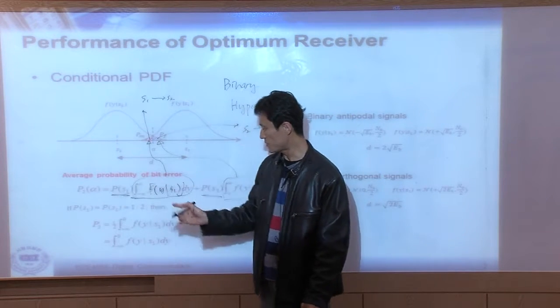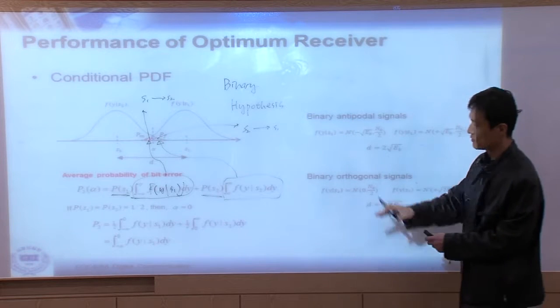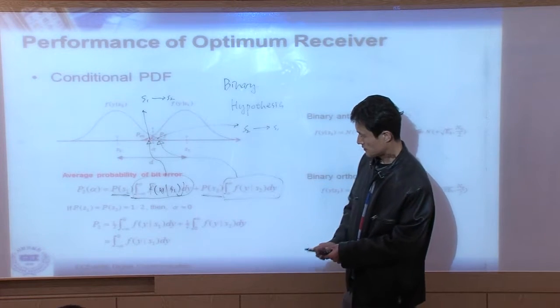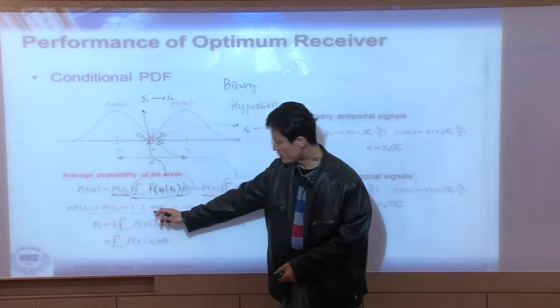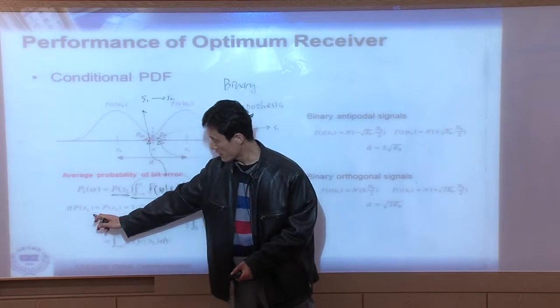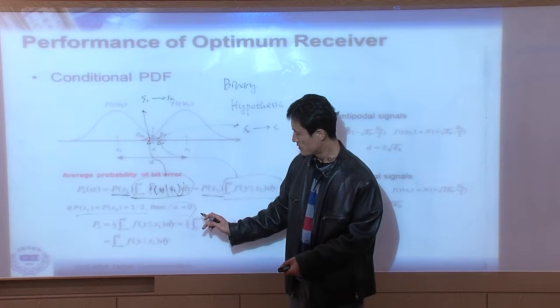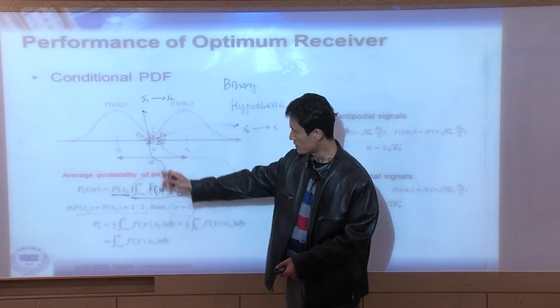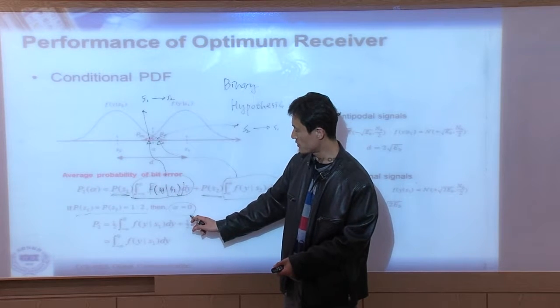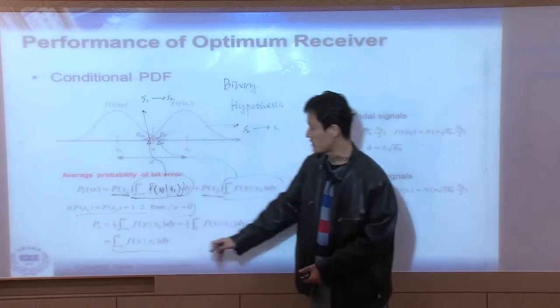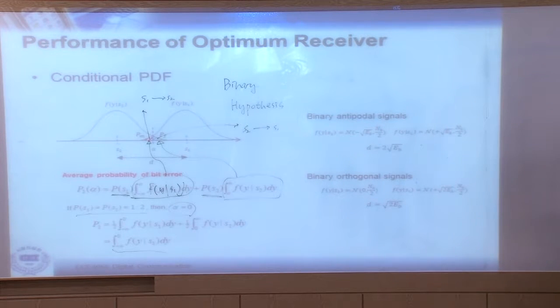Maybe this is 90%, this is 10%. So the general equation is like this. As an example, if you assume 50-50 for S1, S2, then alpha becomes 0. Alpha is the threshold. The optimum threshold is 0. So when you put that in here, it simplifies into this one. That's an example. Okay.